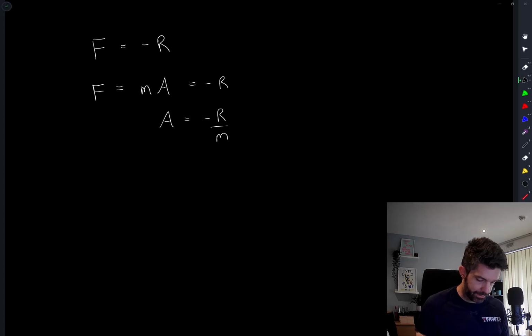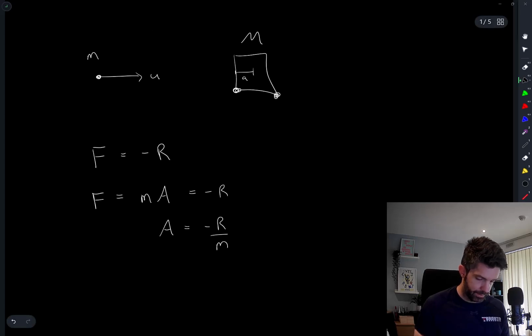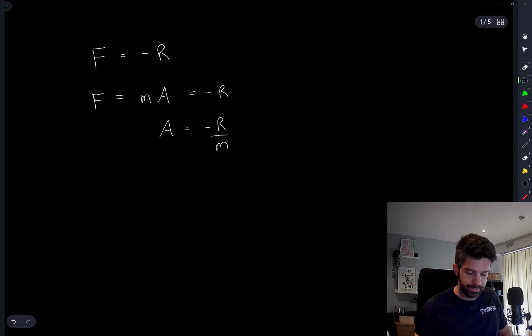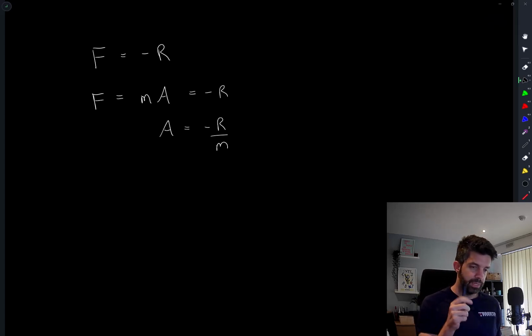This means that the amount of time between the impact of the bullet and the time it stops, so delta V is equal to the acceleration times delta t.